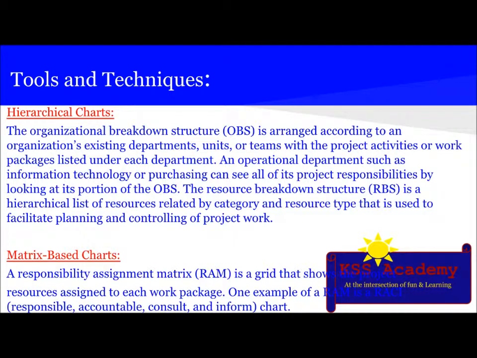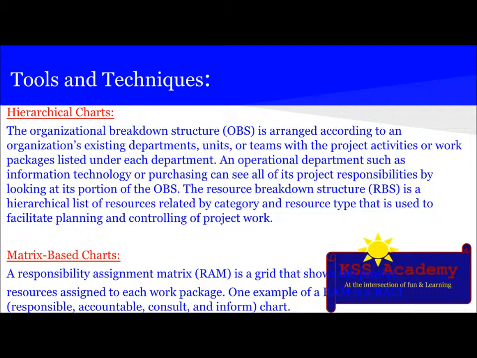So let's see the hierarchical chart. What's the meaning of hierarchical chart? The organizational breakdown structure or OBS is arranged according to an organization's existing departments, units, or teams with the project activities or work packages listed under each department.